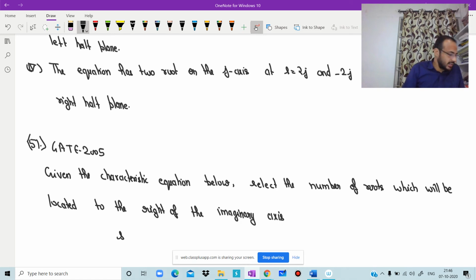Given characteristic equation: s to the power 4, plus 5s cube minus s square minus 17s plus 12 is equal to 0.